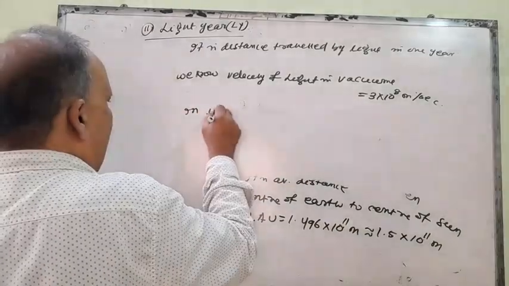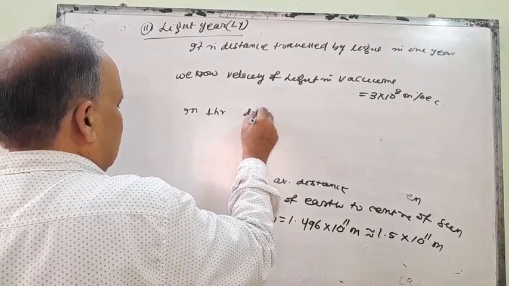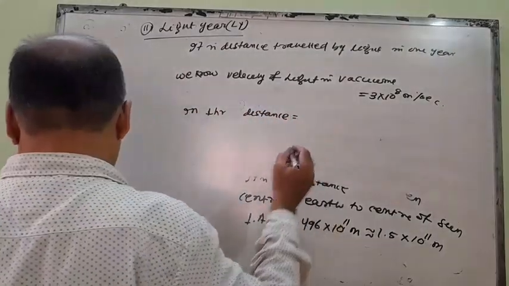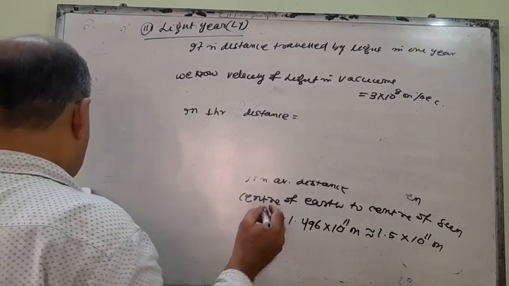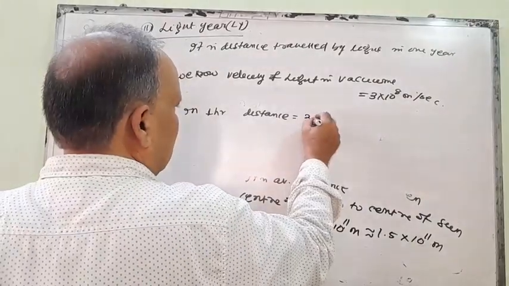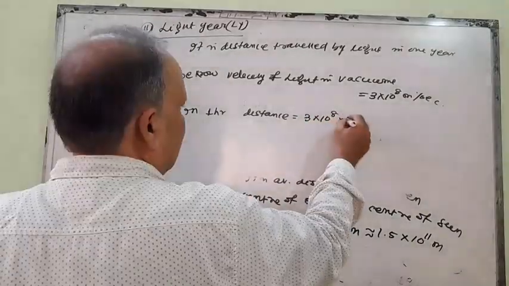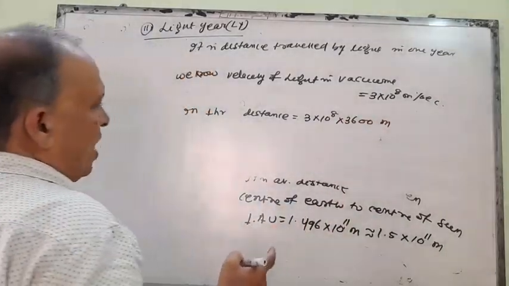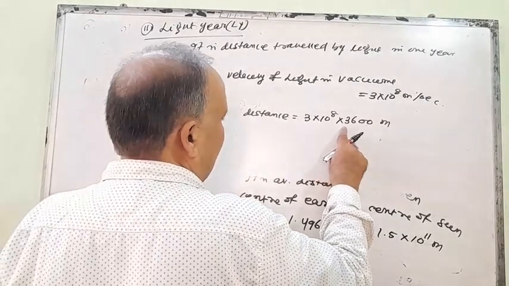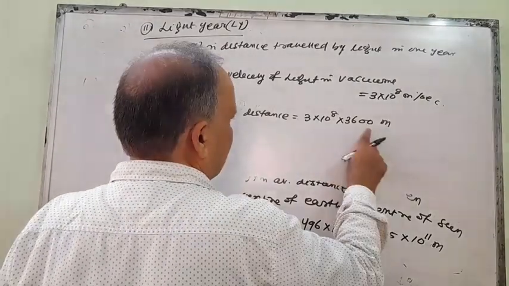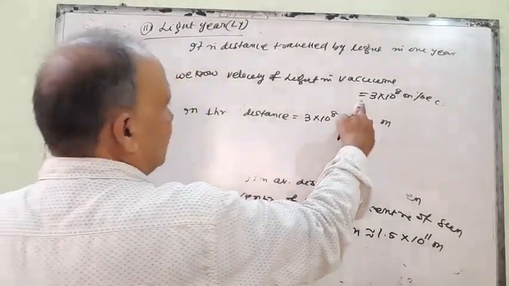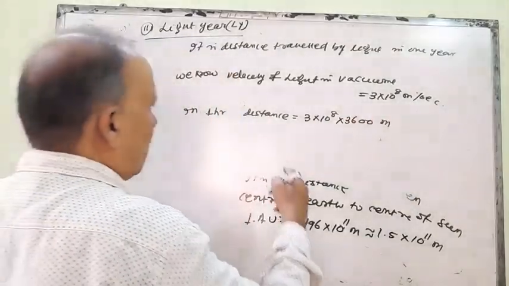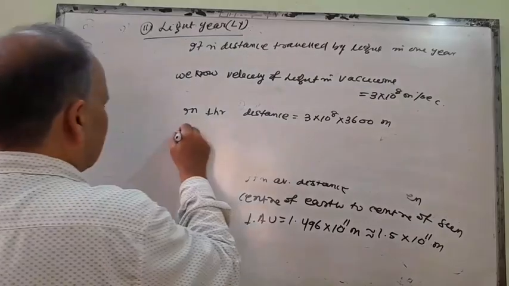In 1 hour, distance is equal to what? 3 into 10 to the power 8 into 3600 meter. You know, 1 hour is equal to 3600 second. In 1 second, it travels 3 into 10 to the power 8 meter. So, in 1 hour, the distance is equal to this.